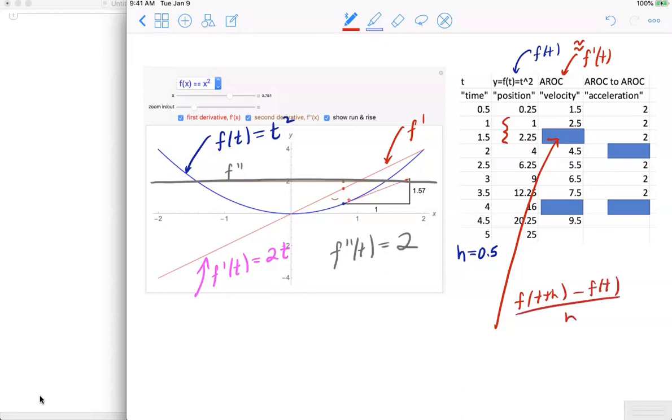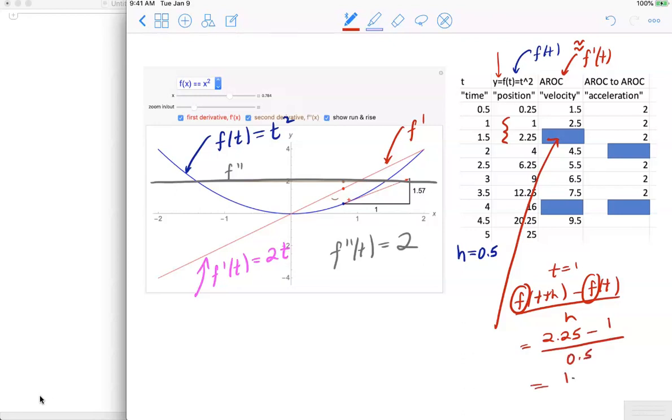This is what we're trying to do in this column, and we're going to use the data from the function f, which is this first column. Since my value of t is equal to 1, I'm going to go half a second ahead of 1, so 1.5, the function at 1.5, minus the function evaluated at 1, which is 1, and then divide by the spacing between the two.